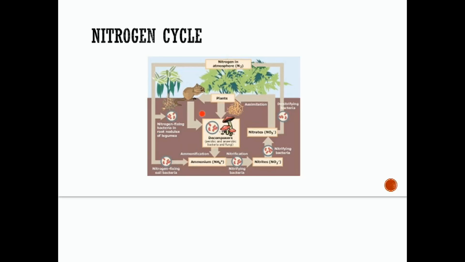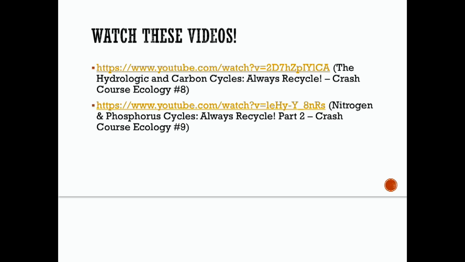They use the nitrogen in the soil that has been converted into more usable forms that the plants can suck up and use, okay? So certain bacteria convert the nitrogen from the air into these more usable forms. All right, make sure to take a look at these 2 videos covering the water, carbon, and nitrogen cycles too.